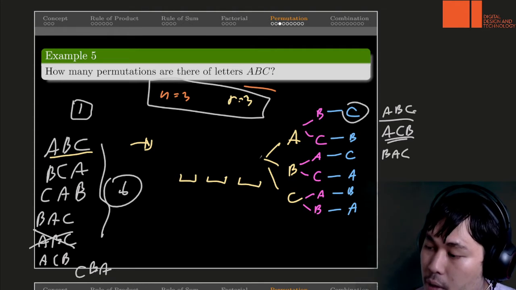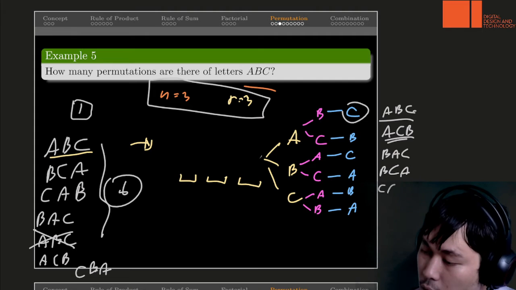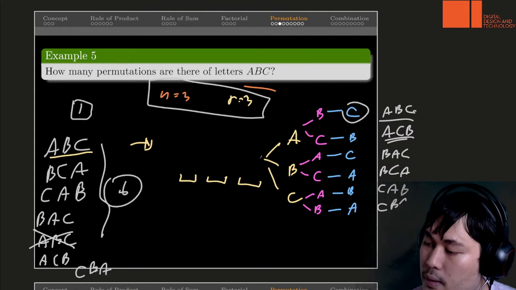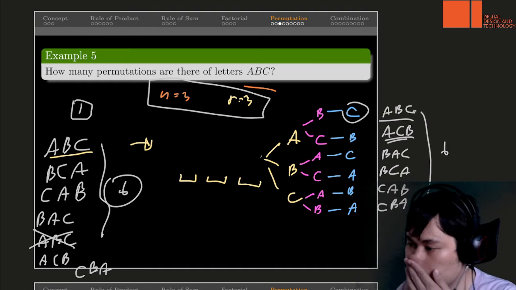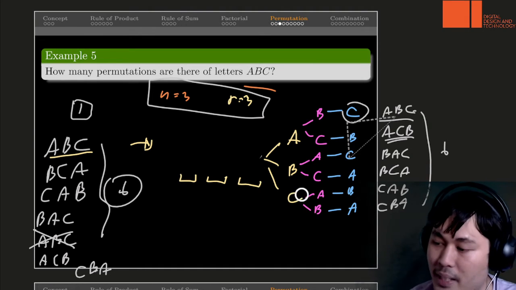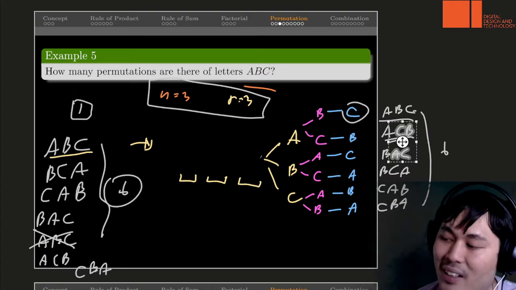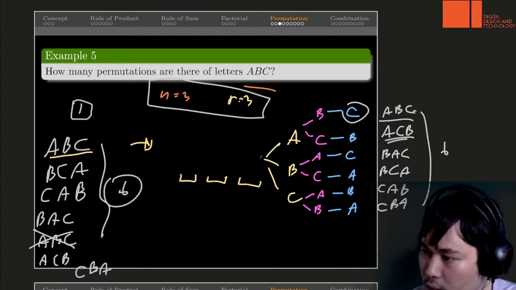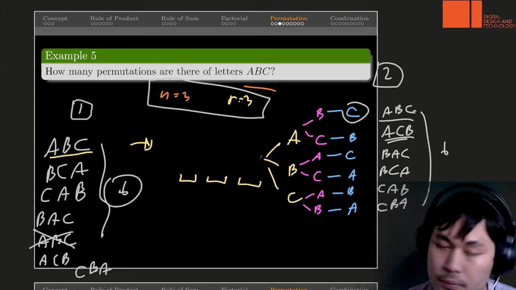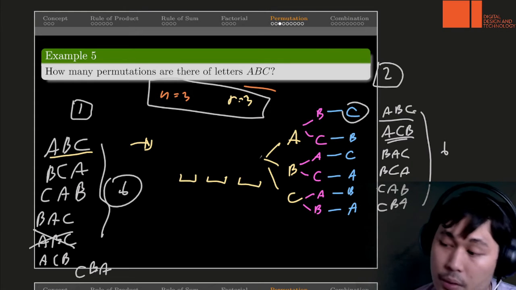You repeat that for all the other permutations, and that should give you all 6 permutations. It also gives you a guarantee that you get all of them and you are not missing anything. So that's the second method: we can use a tree diagram.